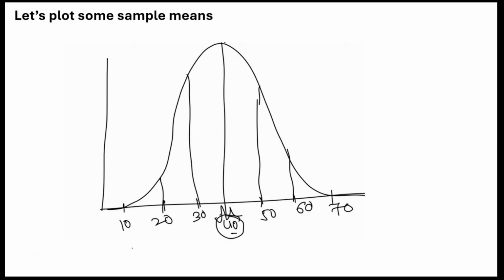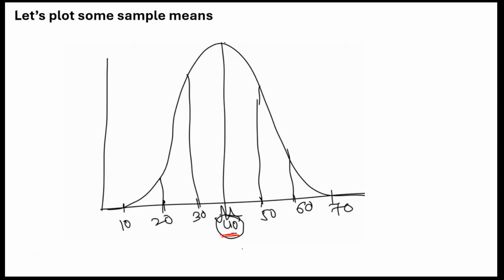Suppose we have values like 10, 20, 30, 40, up to 70, with 40 being the mean. So this is 40, which is the mean. If we plot these values on a normal distribution curve, the values will spread symmetrically around the mean. If this is the mean, and this is the normal distribution curve, you see the values are spread symmetrically.